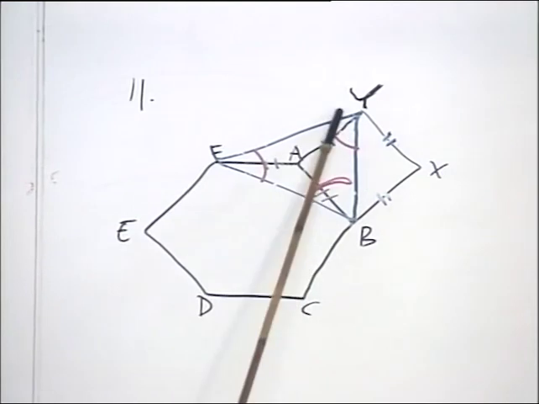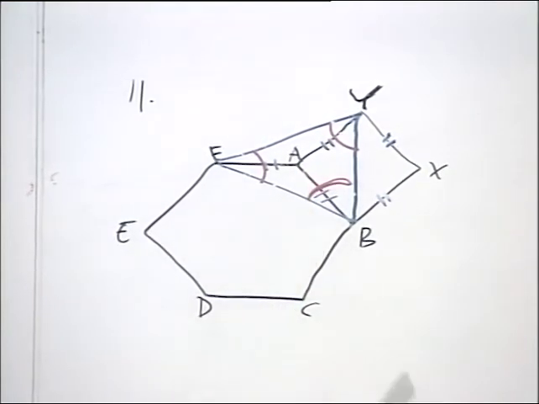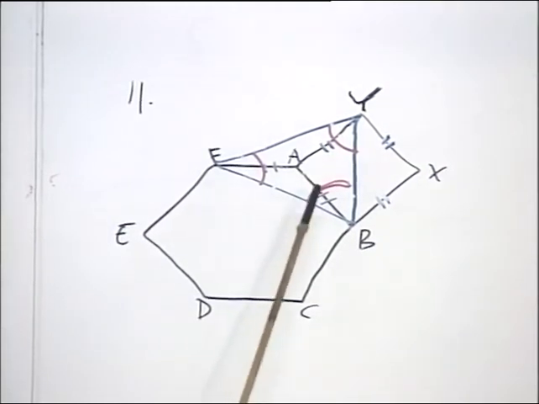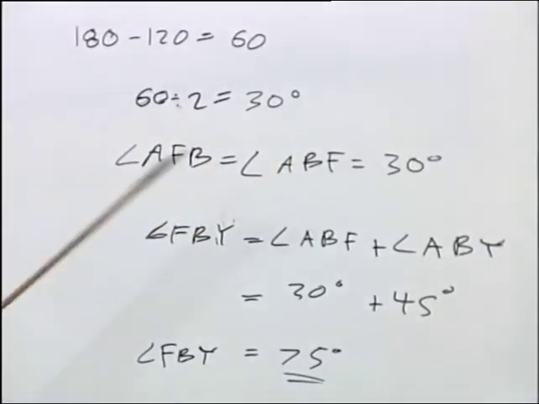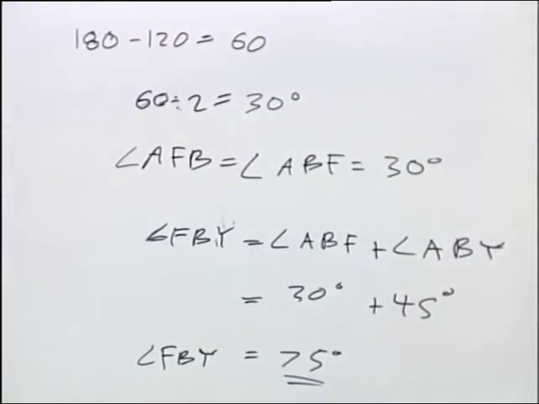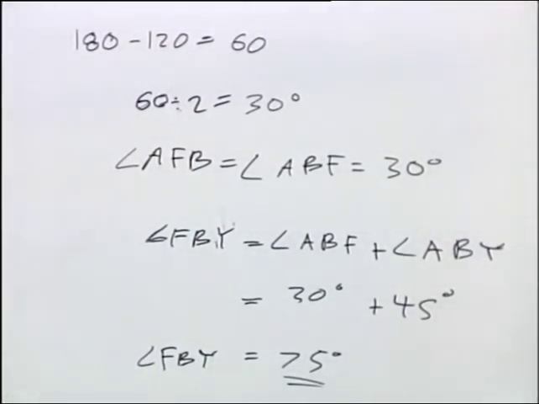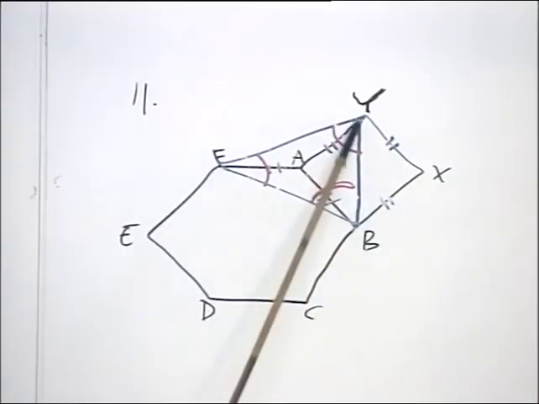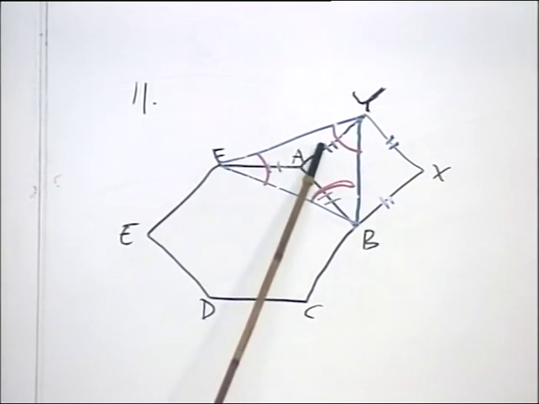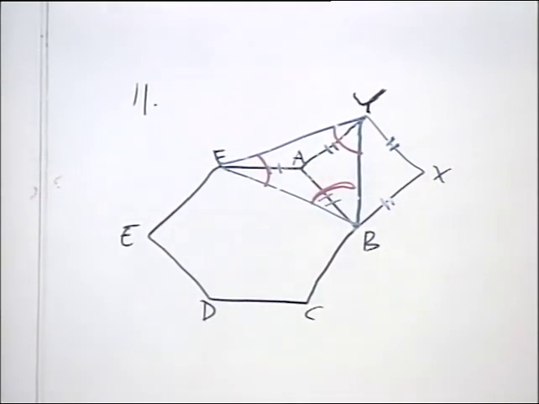This triangle is also an isosceles triangle. ABF we already found to be 30 degrees. Why is it 45 degrees? The reason is because BY is the diagonal of the square, and this is 90 degrees, one angle in a square.